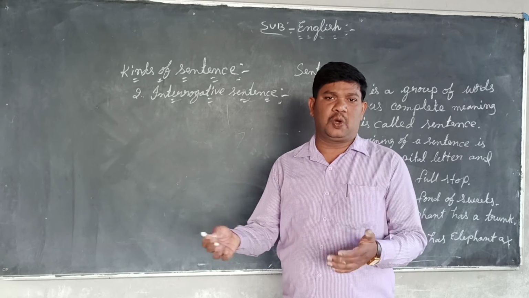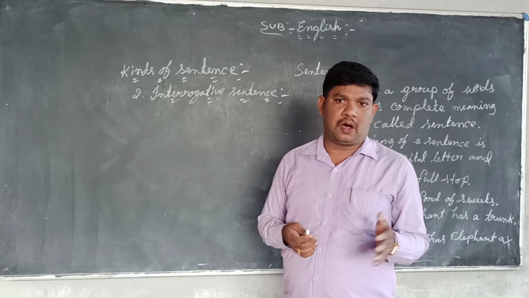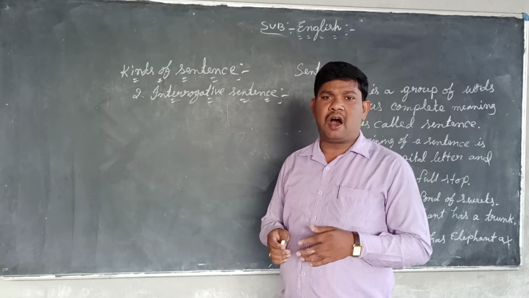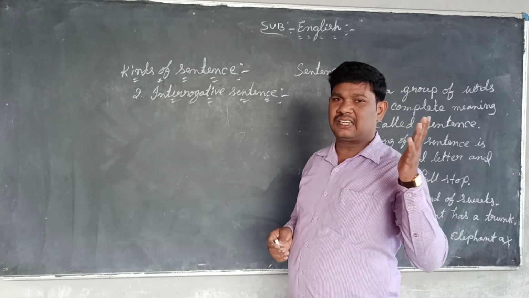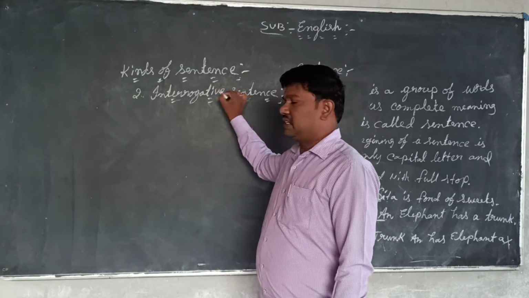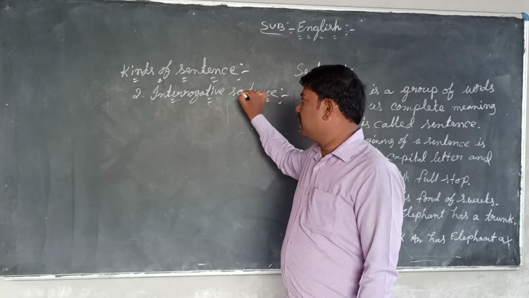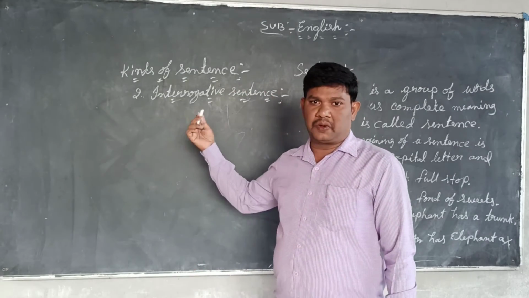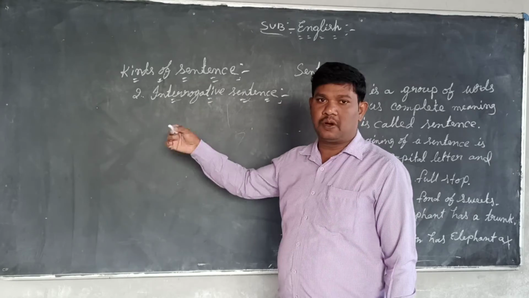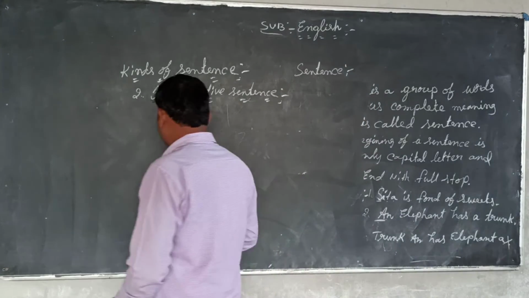Where are you? What are you doing? Where is your house? Where is the book? What is your name? Who is he? All these come under the interrogative sentence. All questions come under the interrogative sentence. I want to write the definition on the board. All of you look here.